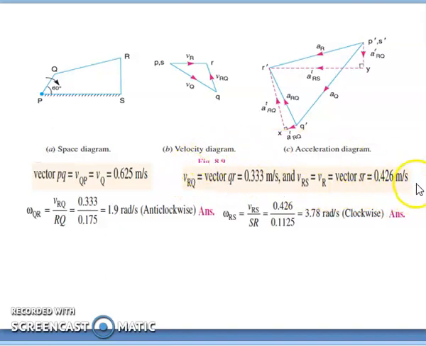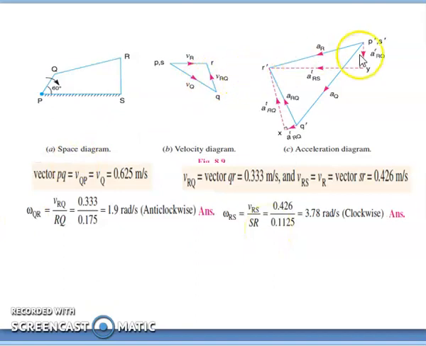Knowing this, we can find the angular velocity of QR, which is equal to VRQ divided by the length of the link. Similarly, the angular velocity of RS is VRS divided by RS.